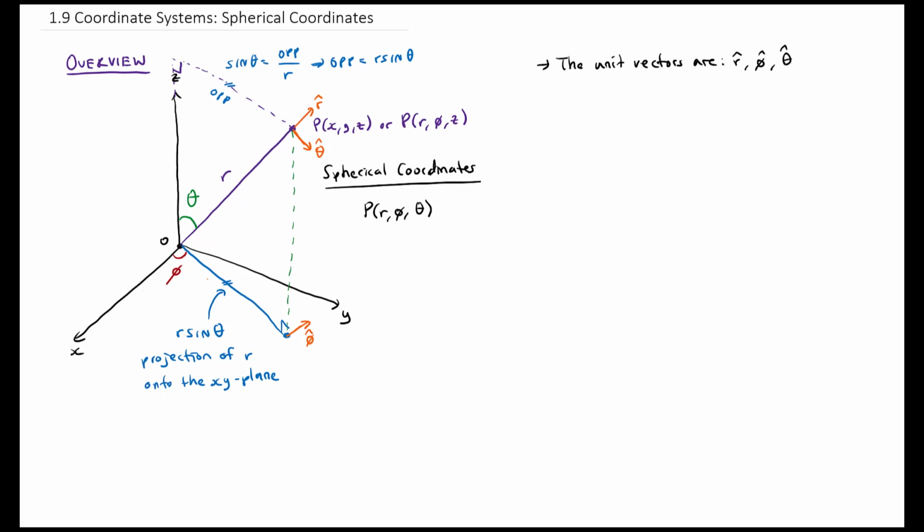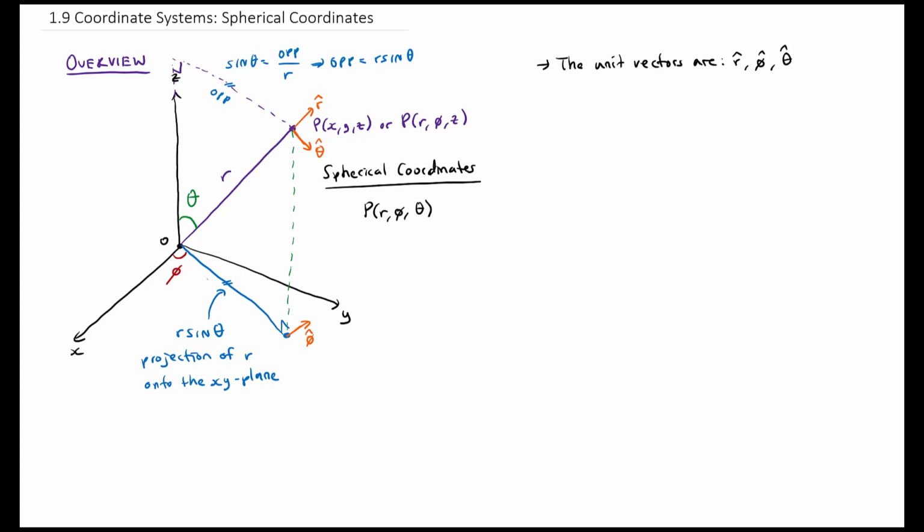And with three different unit vectors, it means that our values are changing in three different directions. That means I'm going to be able to figure out differential length elements for each, and then come up with differential surface elements and a differential volume element. So we're going to go through an analysis of differential elements now.